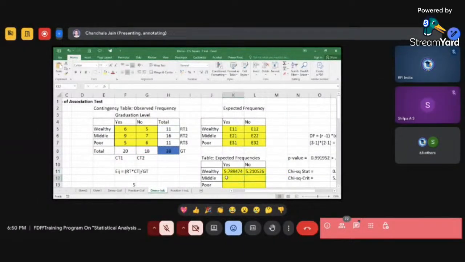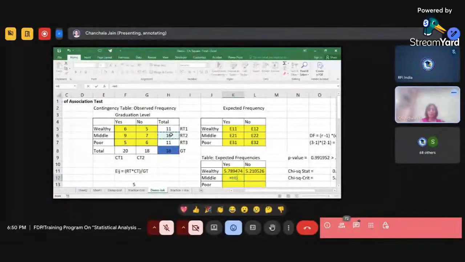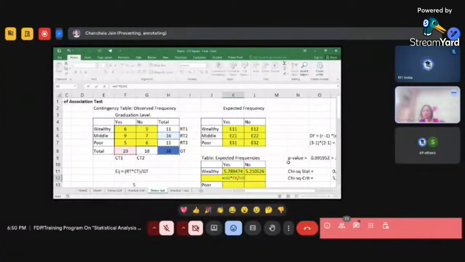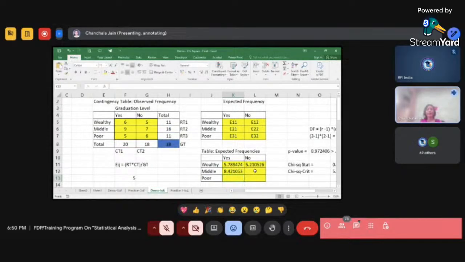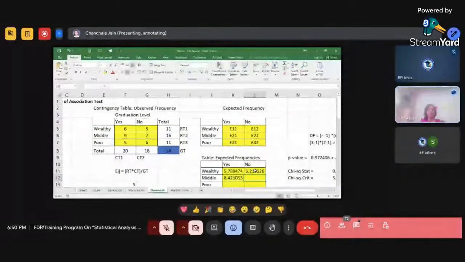Fine. Now coming to the next, that is middle. Middle is in the second row. I'll select second row total multiplied by middle and yes. Yes is in the first column. I selected 20 divided by grand total. Done? So next is middle and no. Middle is second row.